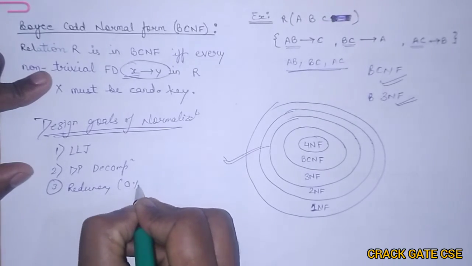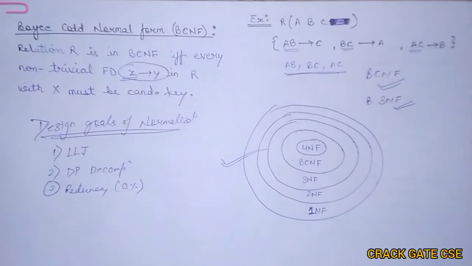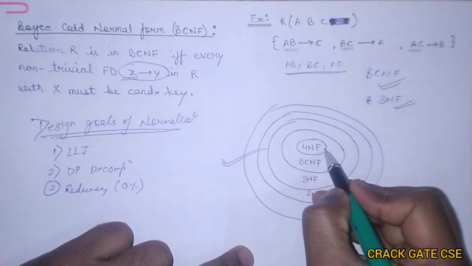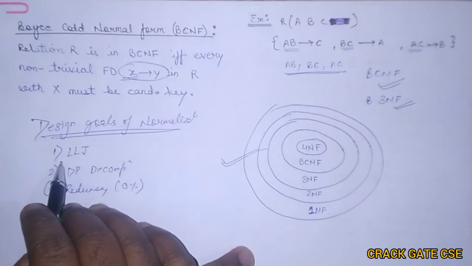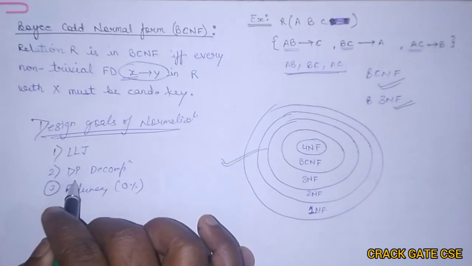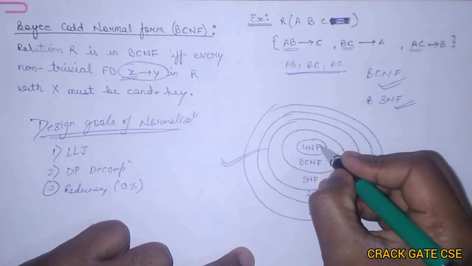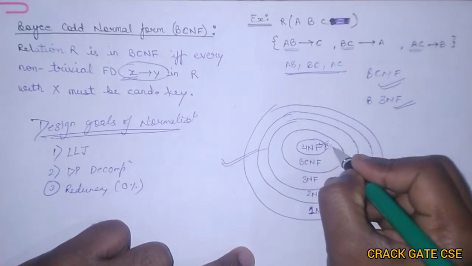That has to be 0%. That means no redundancy. So these are the three design goals of normalization. So on the basis of these three design goals in normalization, the 4NF may or may not be lossless join. It may or may not be dependency preserving decomposition, but it always has 0% redundancy.